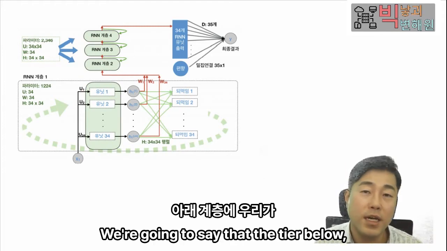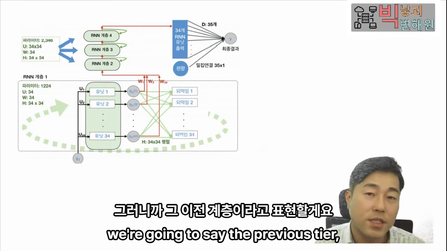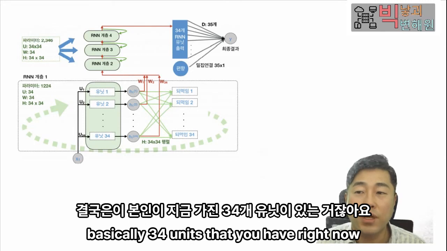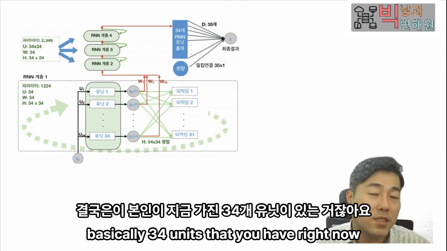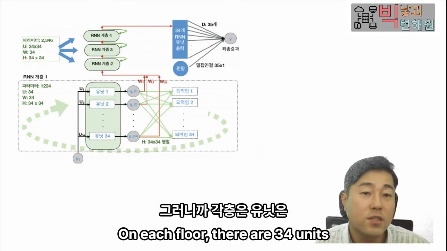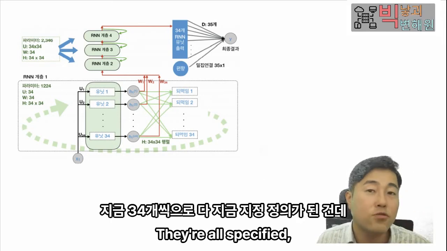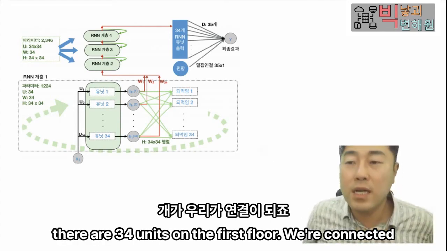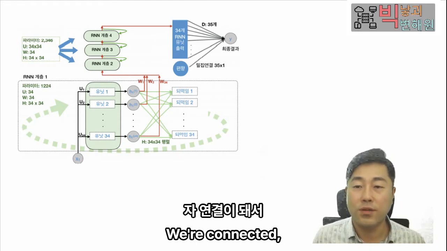It's the same input method because this is for demo games. We're going to say the previous tier has 34 units. Basically 34 units that you have right now. On each floor, there are 34 units specified. But on the second floor, there are 34 units on the first floor connected.